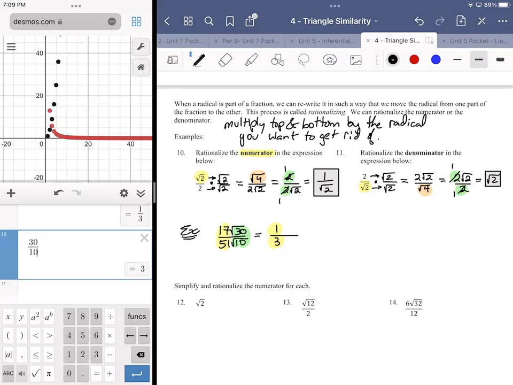So this is giving me a 3. 3 is the same as 3 over 1. So this is the same as saying radical 3 over radical 1. So 1 times radical 3 is radical 3. 3 times, well, radical 1 is 1. So 3 times 1 is 3.